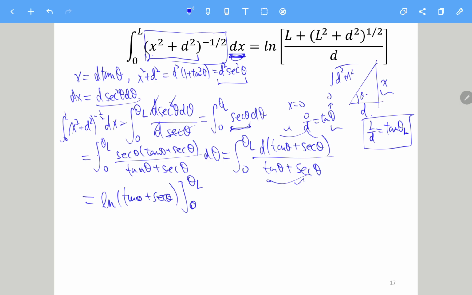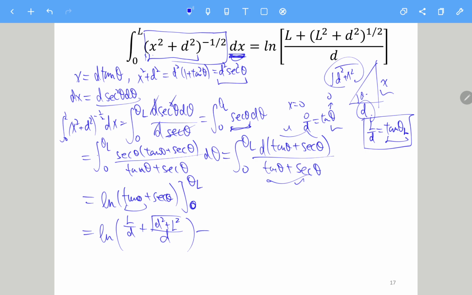So here we can see tangent theta L will be L over d, and secant theta will be the hypotenuse over the adjacent side, which is the square root of d squared plus L squared over d.